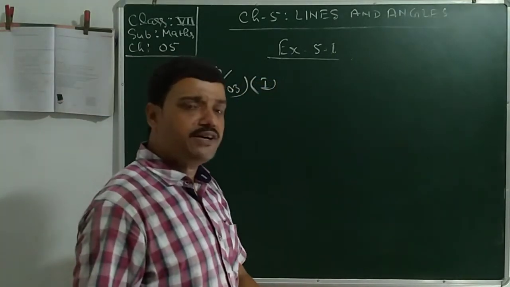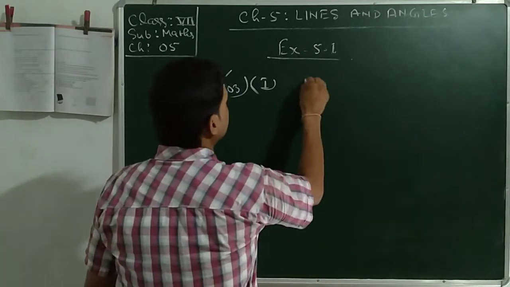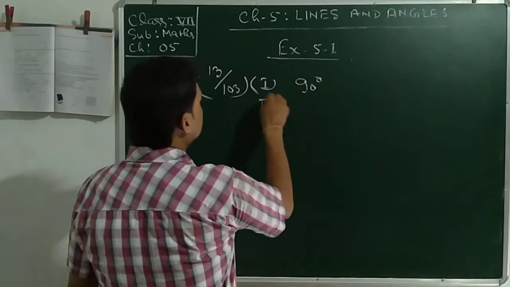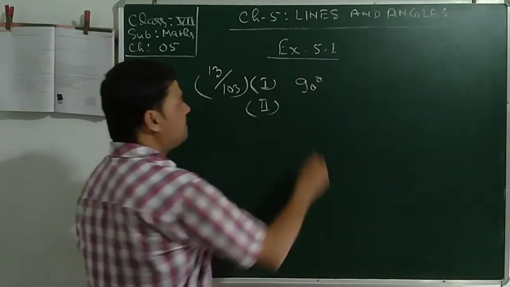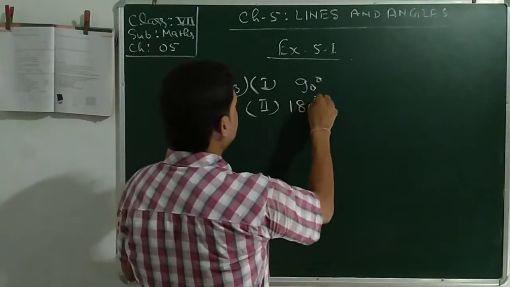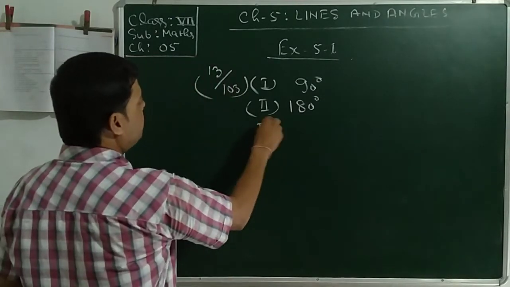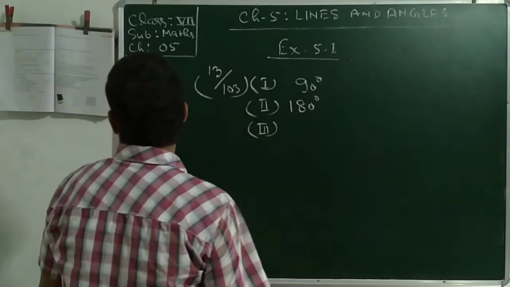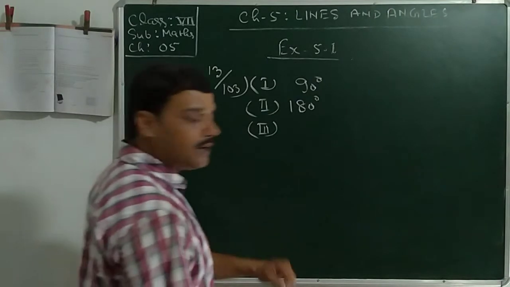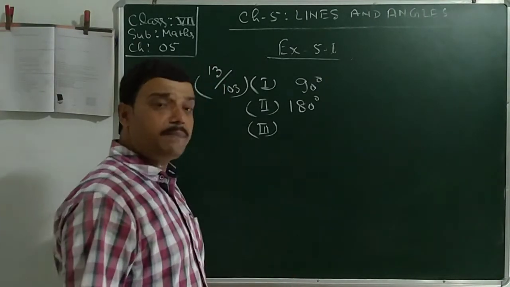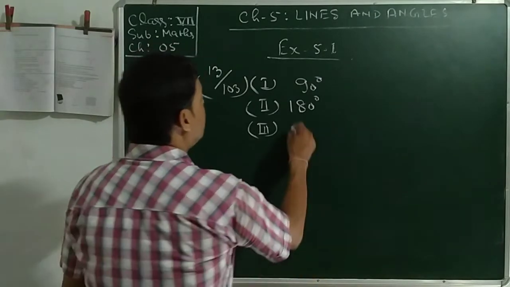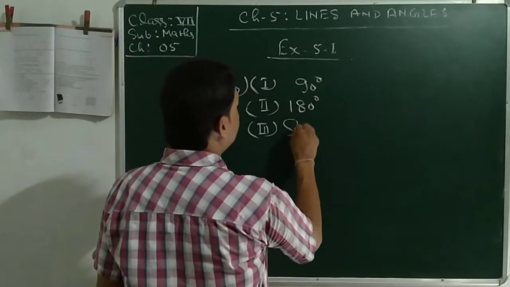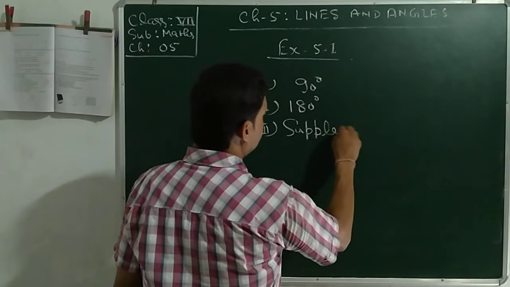The sum of complementary angles measures 90 degrees. Second, if two angles are supplementary, the sum of their measure, I have already explained to you, will be 180 degrees. Two angles forming a linear pair. Linear pair making angles are supplementary to each other, not complementary.